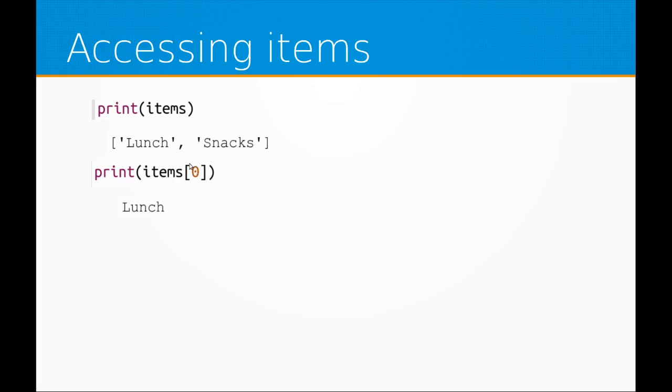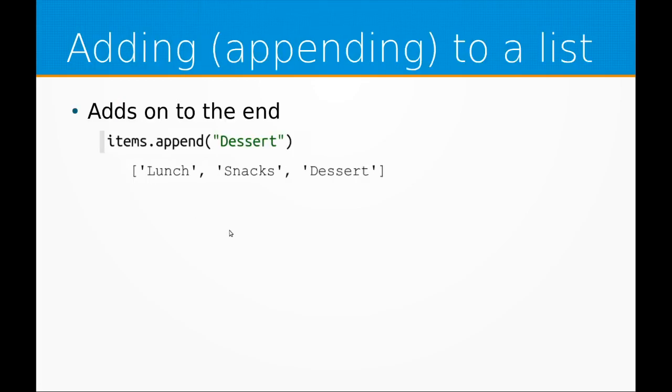So you can say items, square brackets, 0 will be the first one, 1 would be the second one, and so on. So items, square bracket, and then the number. This is just printing it. You can use that same bit in the brackets in order to check if something equals something, see if they've got a sword in the backpack, all sorts of things like that.